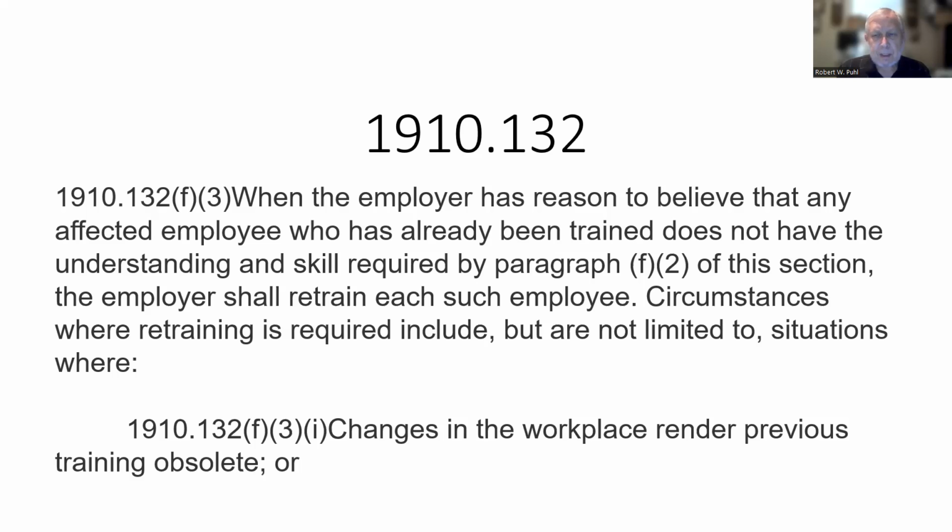When the employer has reason to believe that any affected employee who has already been trained does not have the understanding and skill required by paragraph F2 of this section, the employer shall retrain each employee.